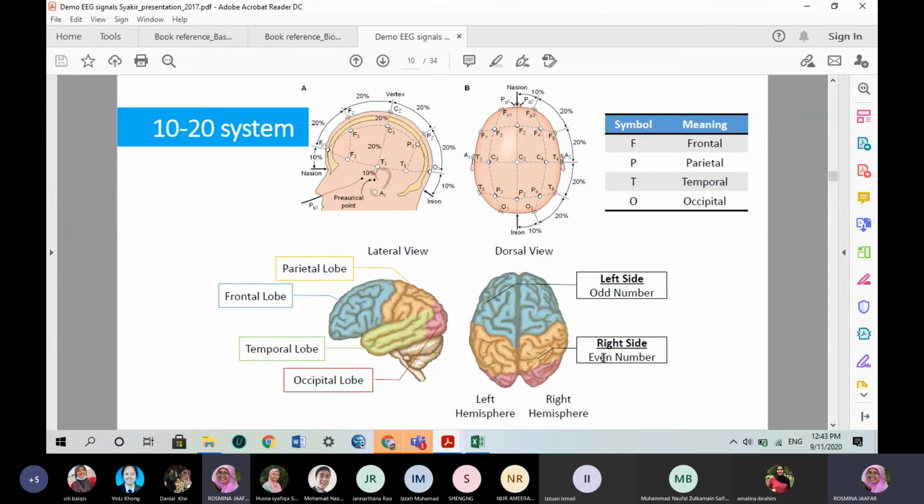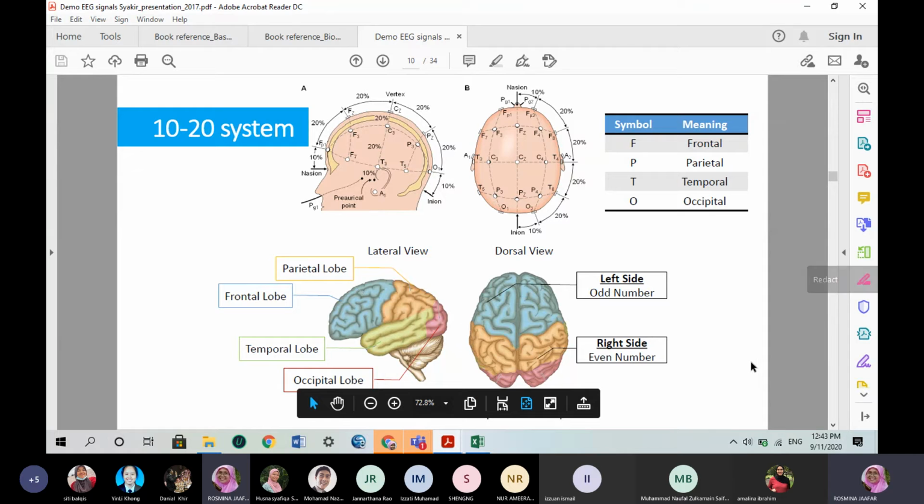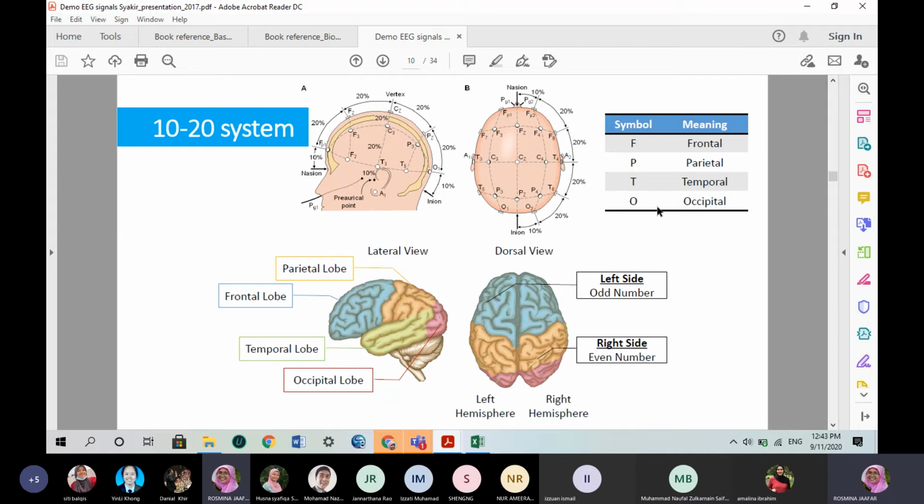So it's always opposite. That is just general knowledge, related to the electrode naming. So we have the F, P, T, O electrodes. If you are dealing with EEG signals, you have to be certain which electrodes.